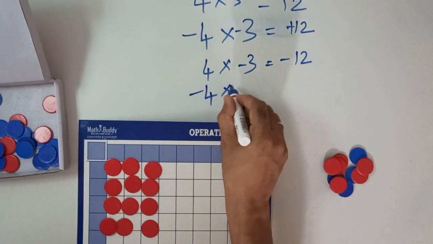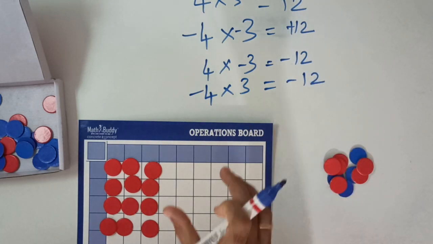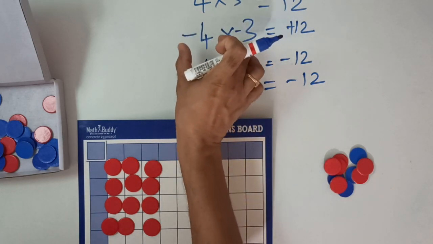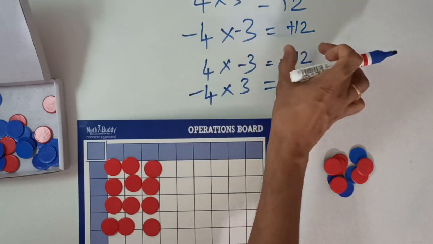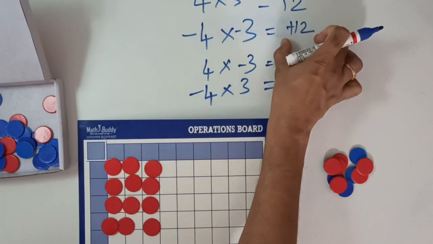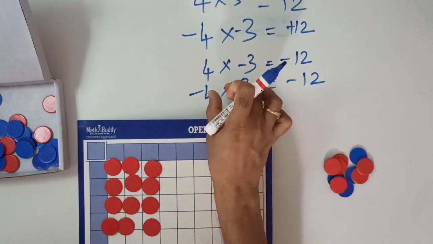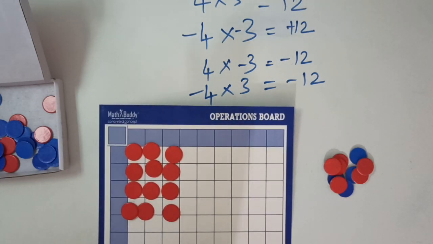And when we had the negative sign on this one, I had minus 12. So when we multiply two integers which have the same sign, whether they are both positive or both negative, the result will always be positive. When we multiply two integers where one of them has the opposite sign, then the result will be negative. That's all you need to remember.